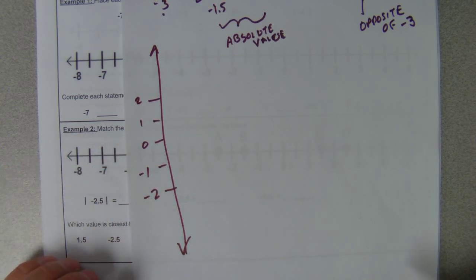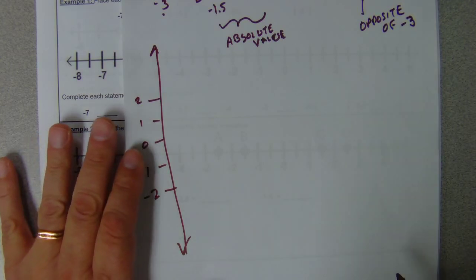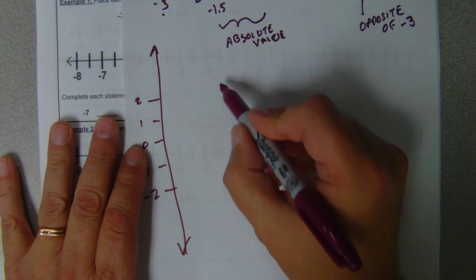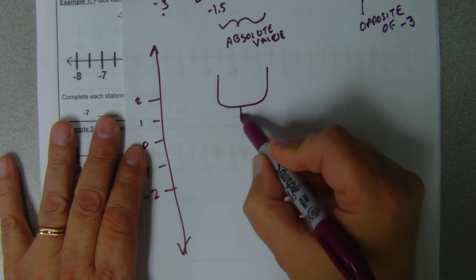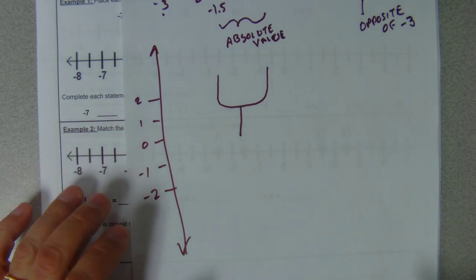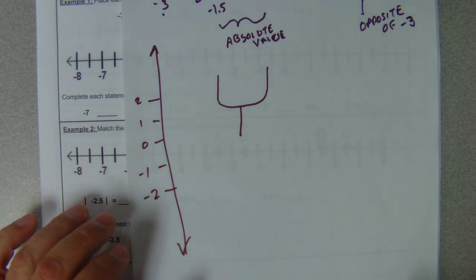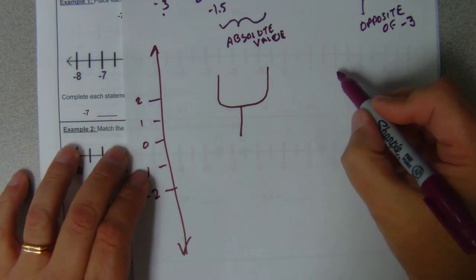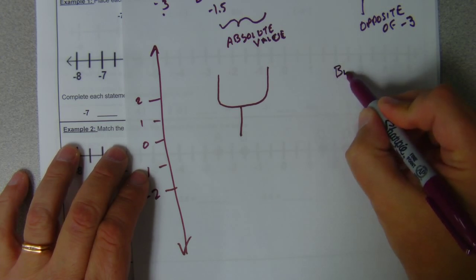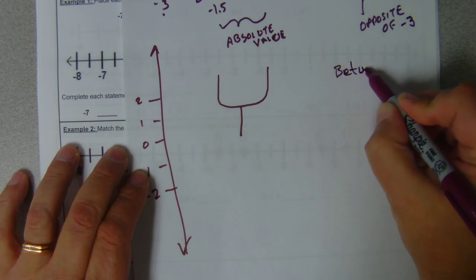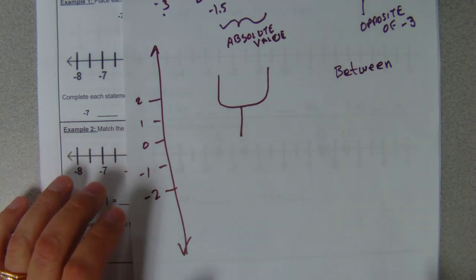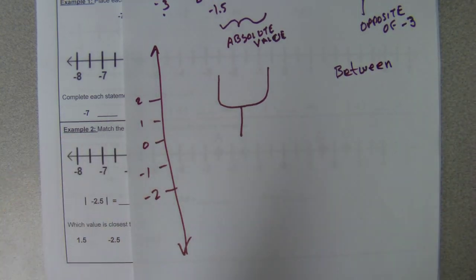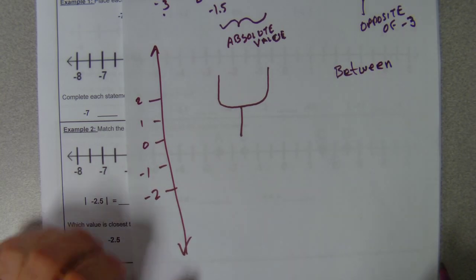But one thing I want you to contemplate at this time is some new items. And I'm going to draw, not very well, a football goalpost. Because what I'm trying to explain to you for your level, what between means, it has to go through the goalpost.